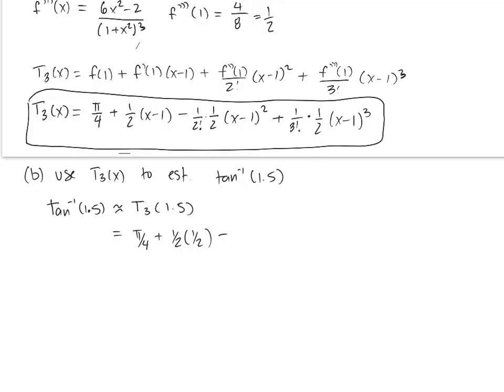Minus a quarter times, and then plus, this will be a 12th times a half to the, and I see another mistake in my notes, so this is pi quarters plus a quarter minus a 16th plus, well, that's going to be 8. 8 times 12 is 96.